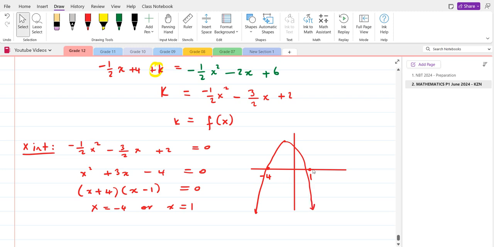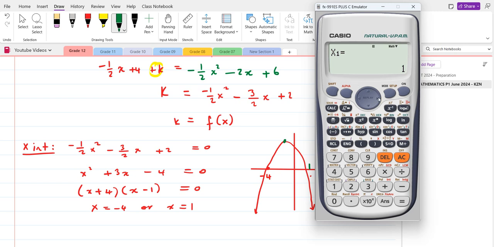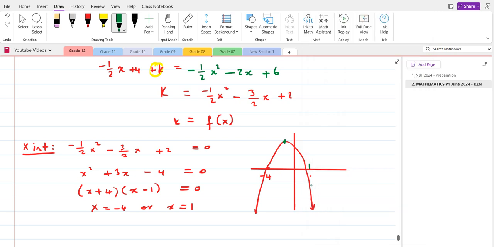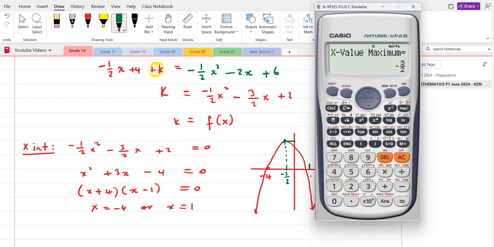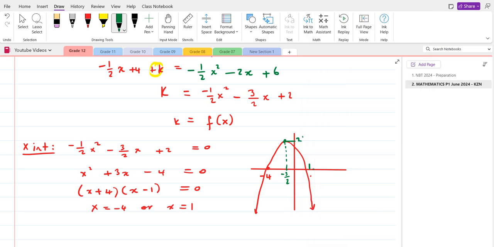Right, so my turning point is somewhere around here, which is, and my turning point is there, right? So minus 3 over 2, and the y value here is basically 25 over 8.